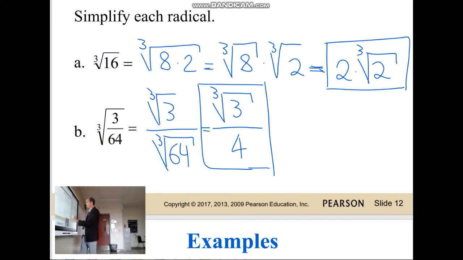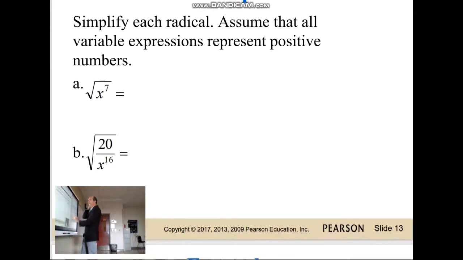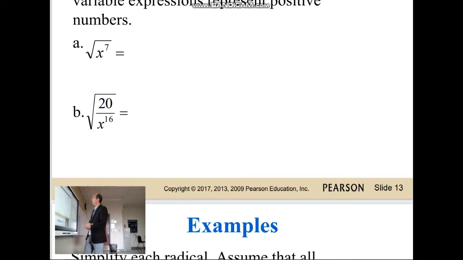More examples. We're going to work out more examples. Simplify each radical. Assume that all variable expressions represent positive numbers. The first one we have here is square root of x exponent 7.